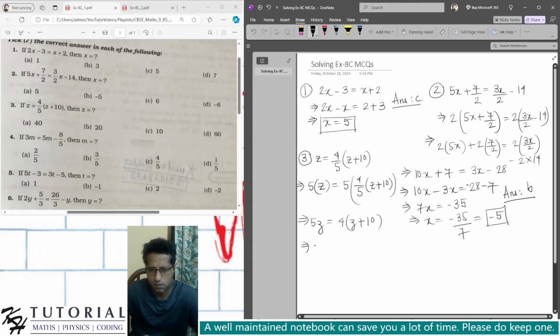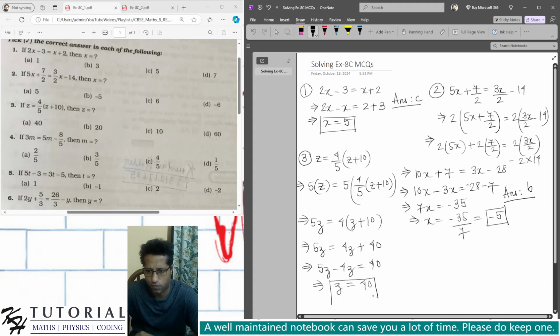This implies simplifying the RHS, that is doing the products and opening the brackets, we get 4z plus 40. This implies bringing the z terms to the left hand side and keeping the constant terms to the right hand side, we get 5z minus 4z is equal to 40. This implies z is equal to 40.